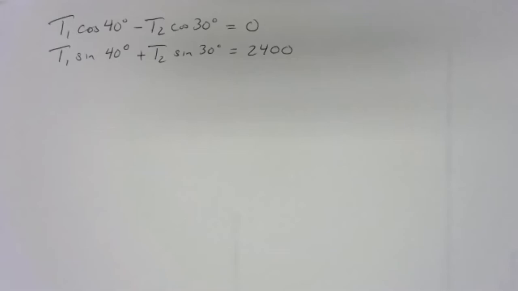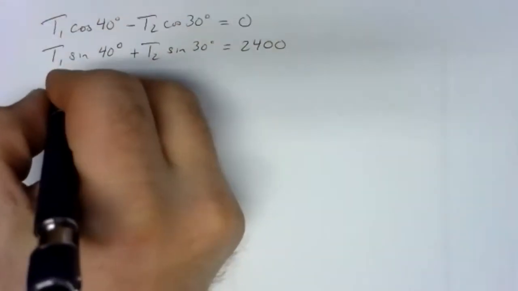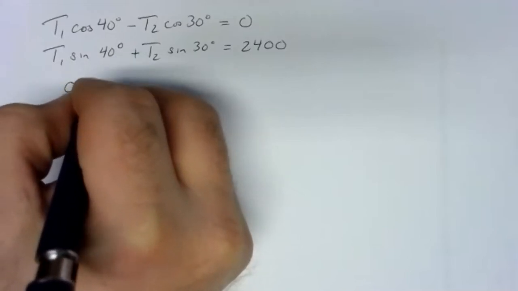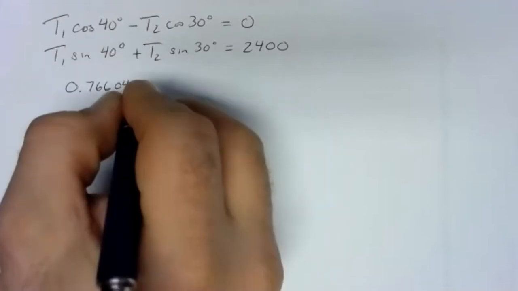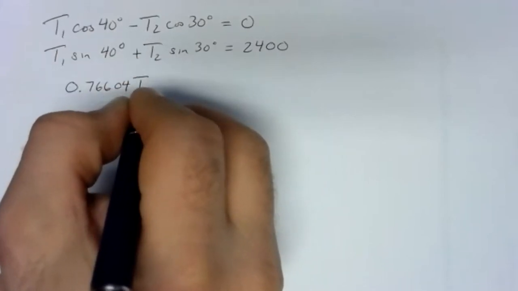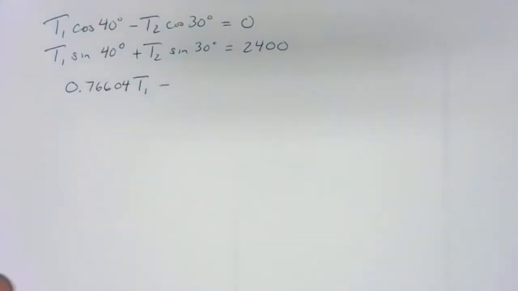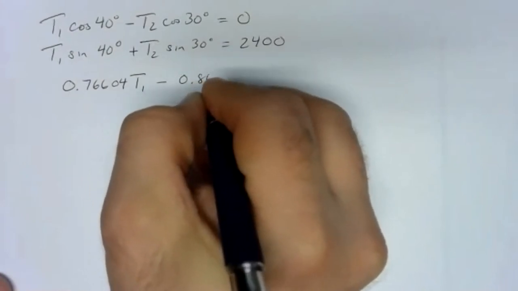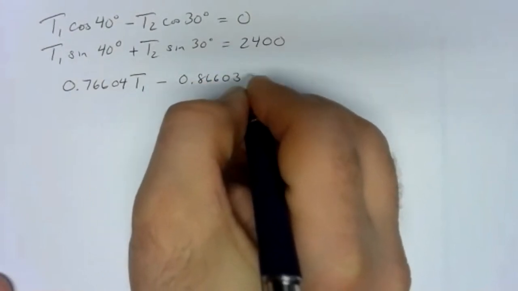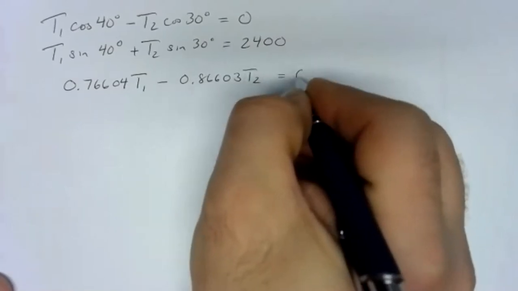In fact, let's go ahead and get rid of our sines and cosines and just make them into numbers. So we'll rewrite the equations a bit here. Cosine of 40 is 0.76604. So rewriting the first equation, that's 0.76604 T1 minus cosine of 30, which is 0.86603 T2, equals 0.